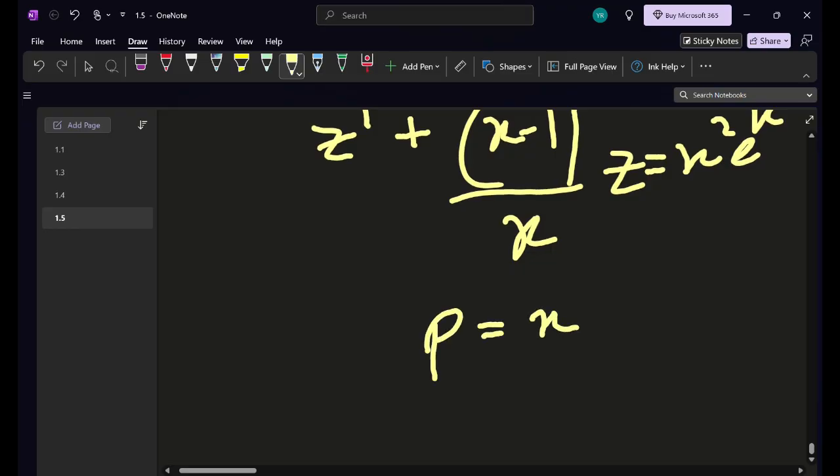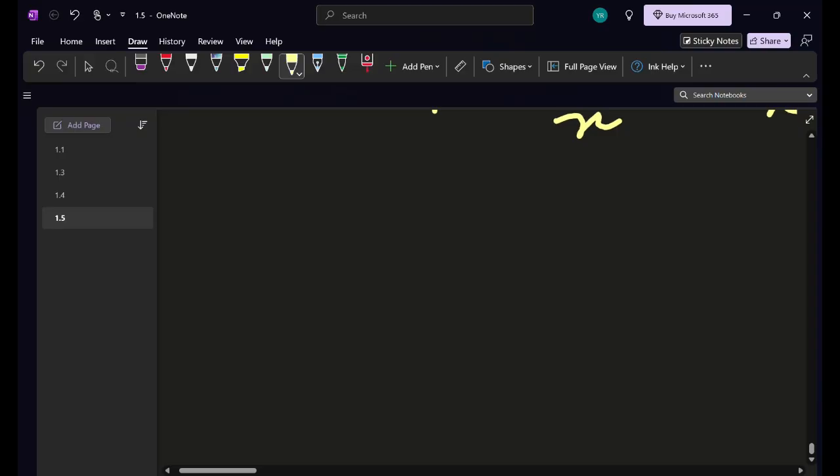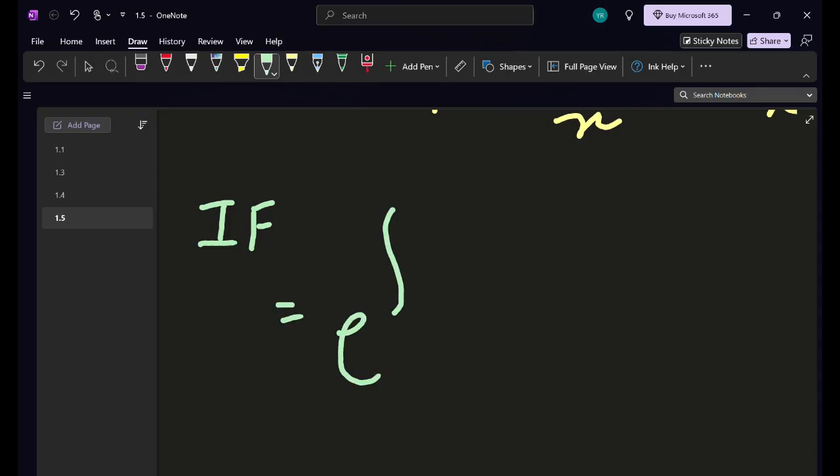Now here our P is going to be (x minus 1)/x, which can be written as 1 minus 1/x. So integrating, we get the integral of 1 minus 1/x dx.